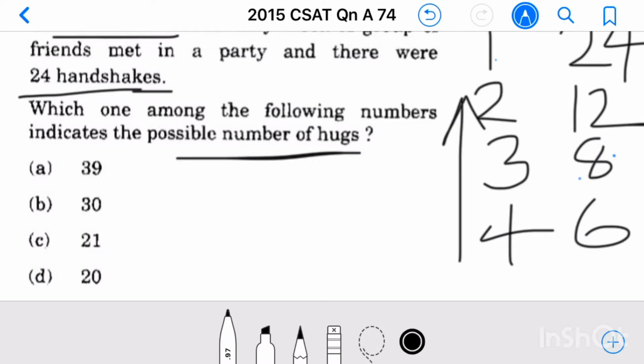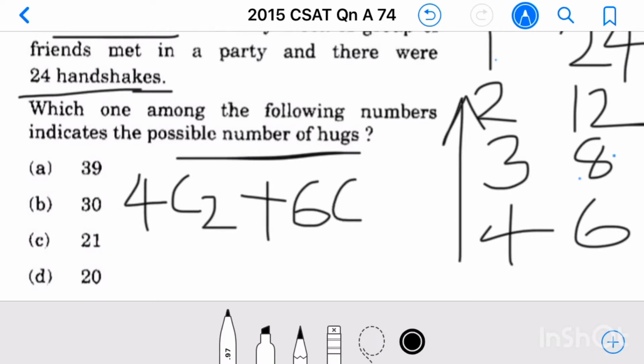If there are 4 men and 6 women, these 4 men we can make a group of 2 in 4C2 ways, because in a hug there will be 2 people. Then 6 women can hug in 6C2 ways.